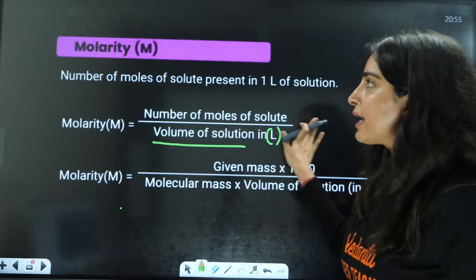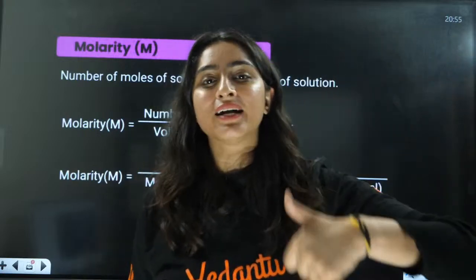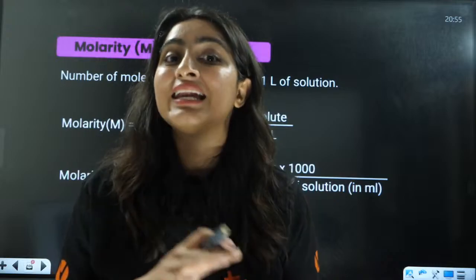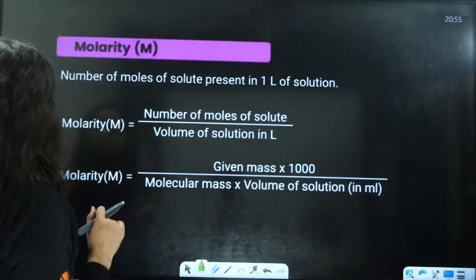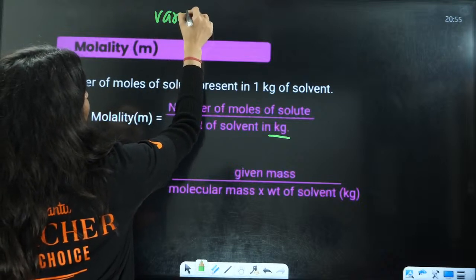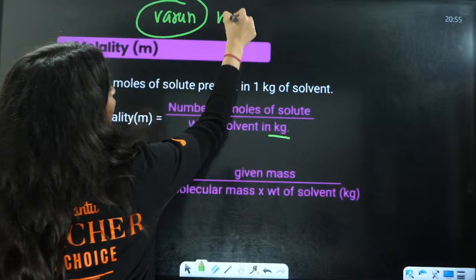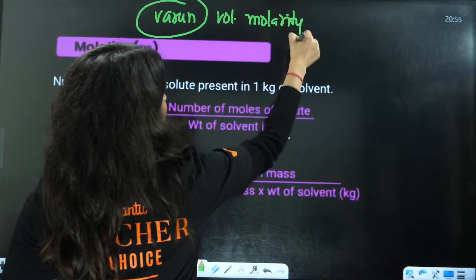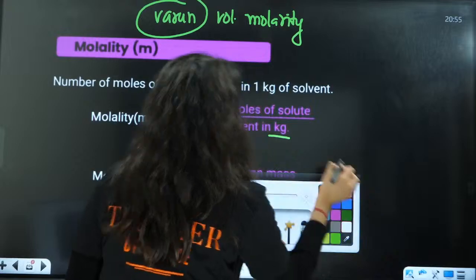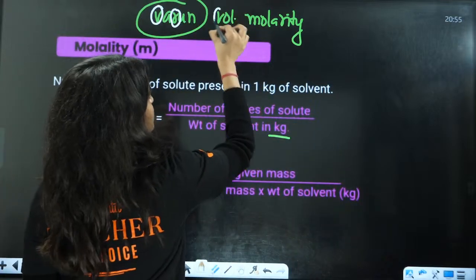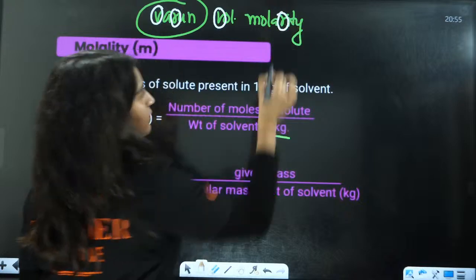liters here. Okay, the difference between molarity and molality: in molarity, the volume is in liters, always remember this by "Varun". Varun, this is V and R, this is volume and this is molarity.